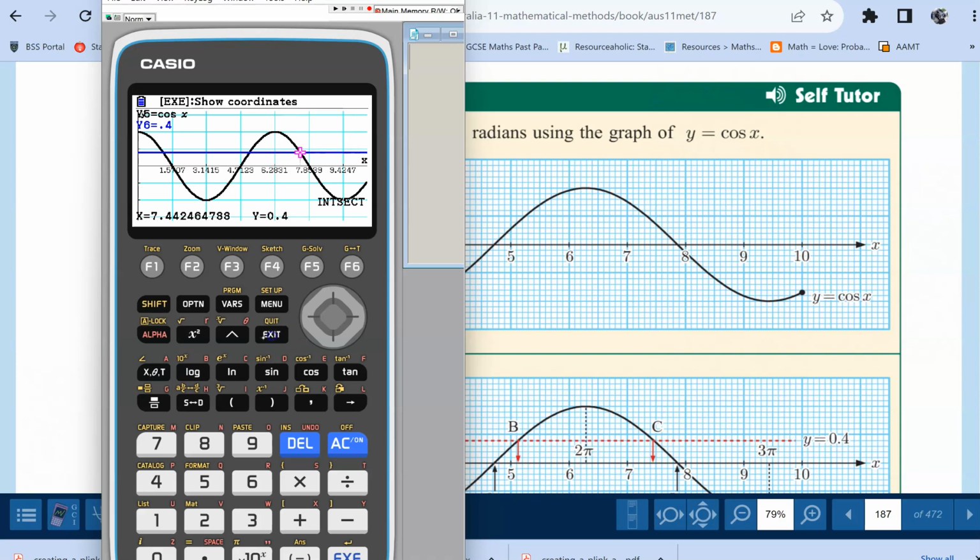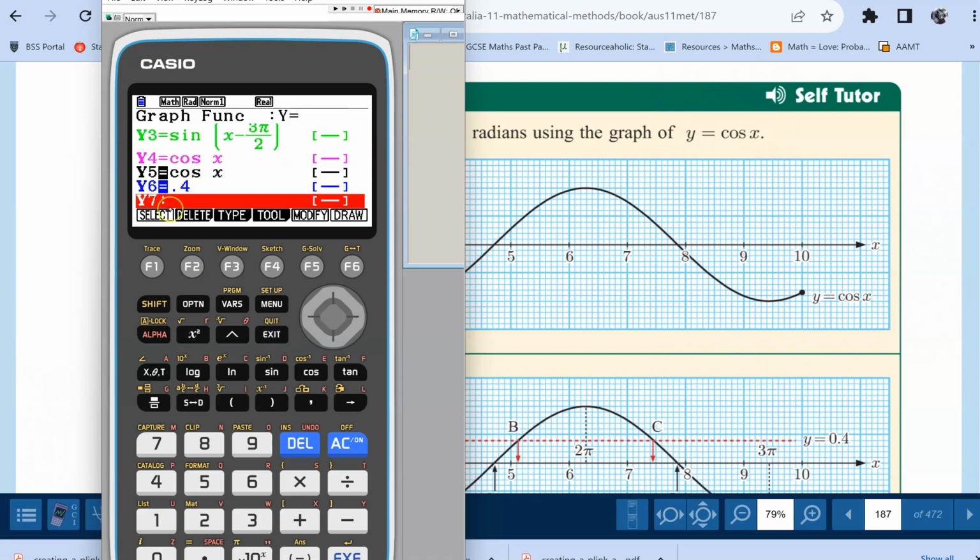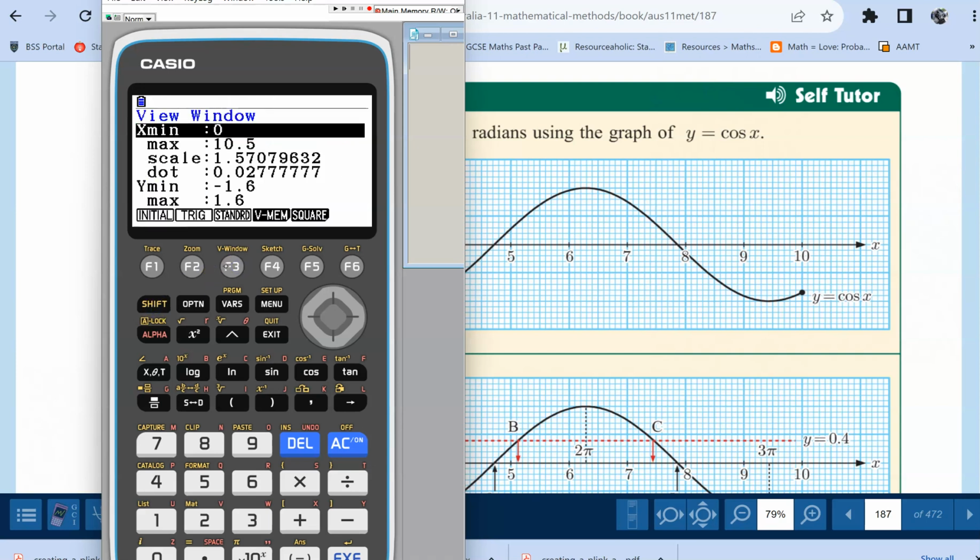Okay, I'll do that again. So we've typed in cos x and 0.4. We go to Shift View Window. I was happy with my -1 and 1.6 as my y max and min because it was just cos x. If it was 2 cos x, what would happen?